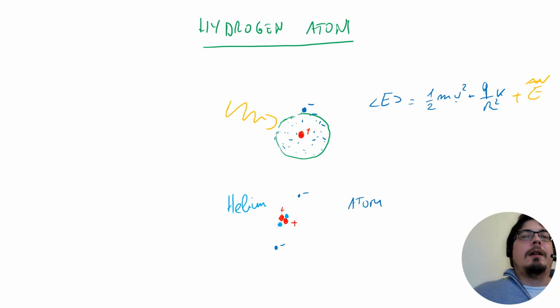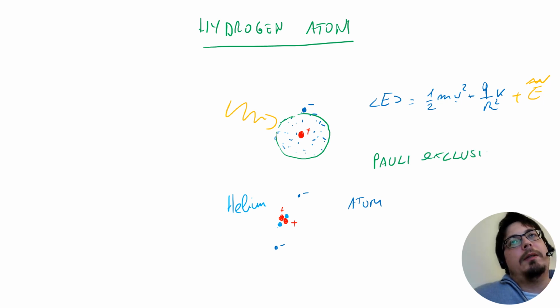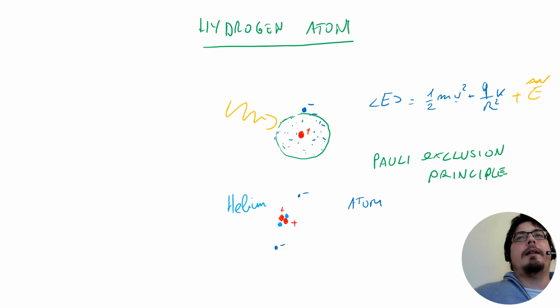To see what happens when you talk about this, we need to talk about the Pauli exclusion principle, and then spin.